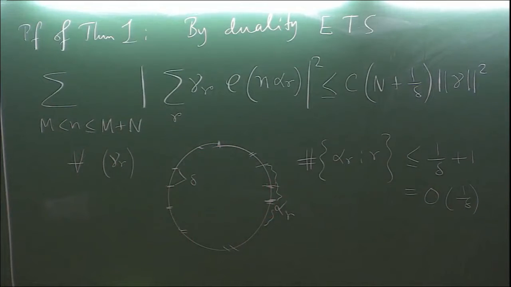And k cannot be too large. k is at most 2 of 1 by delta. Okay, so this proves the additive large sieve, and we saw that the so-called p large sieve inequality follows from the additive large sieve. And now I go to the arithmetic large sieve.